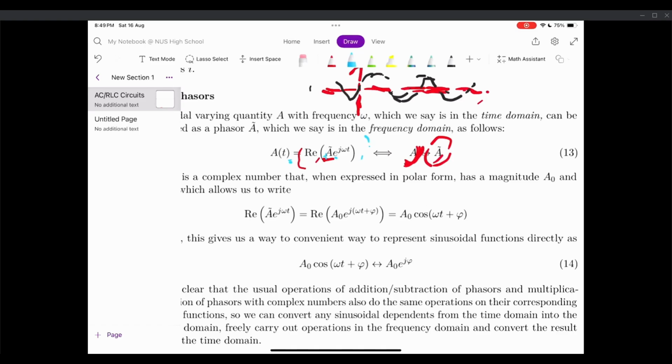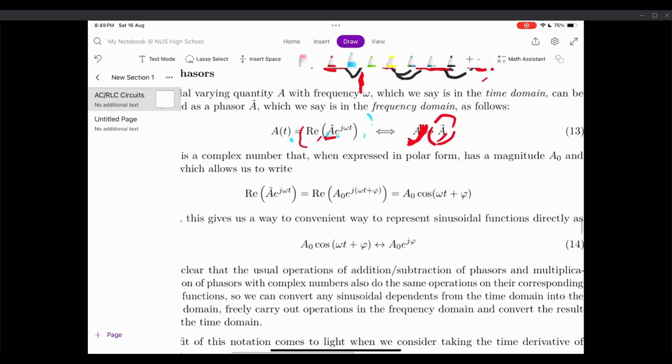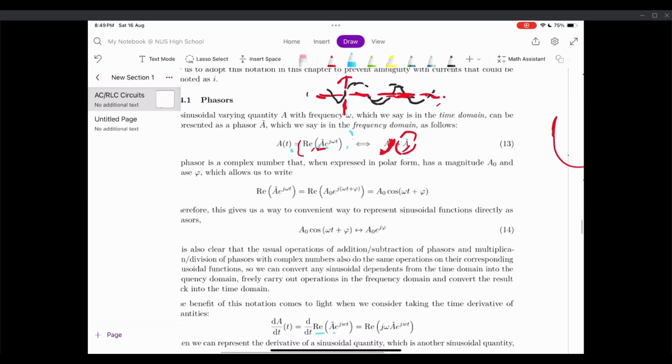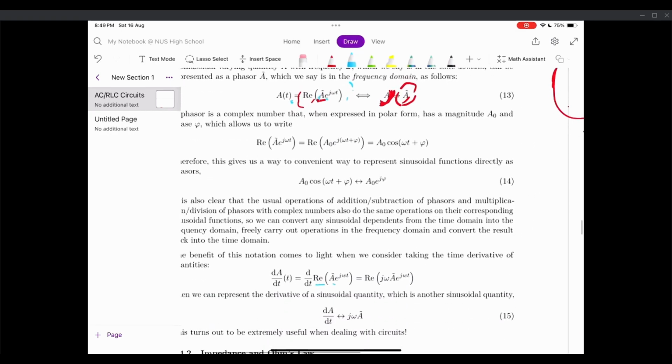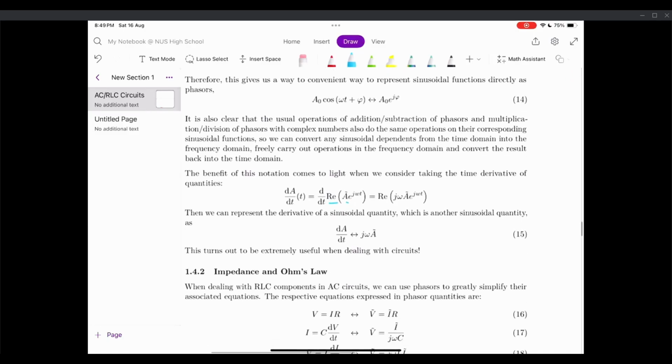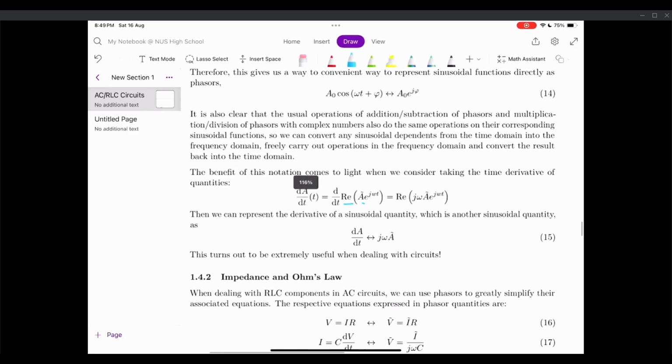Your phasor only encodes the information of the amplitude and the phase as one complex number, basically. So your time dependence is no longer there and is not needed in the phasor. And again, this already assumes that you know your frequency omega. This will probably be clearer later when we actually start dealing with circuits.